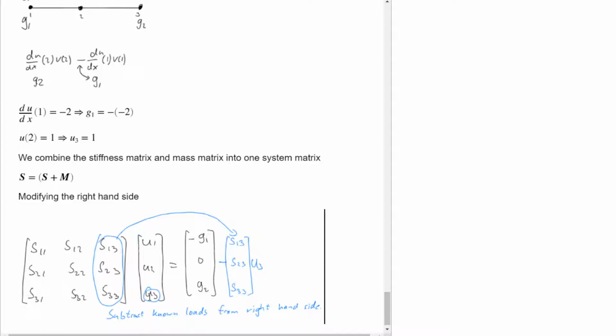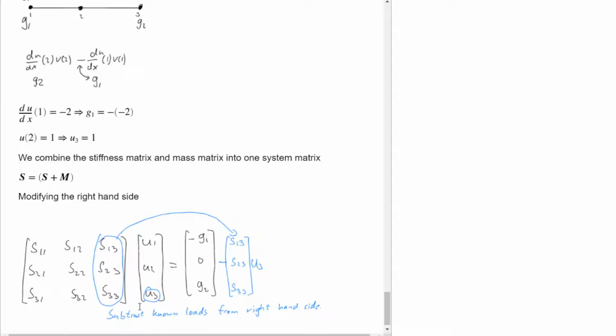And this force we call a reaction force. That's the same thing happening here. So this U3 multiplied by this column will really create a reaction force, and we need to take that into account systematically here. So that's what we're doing.